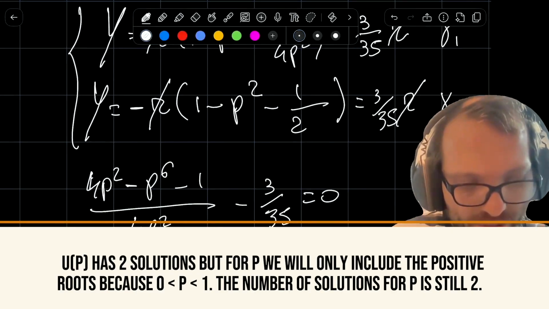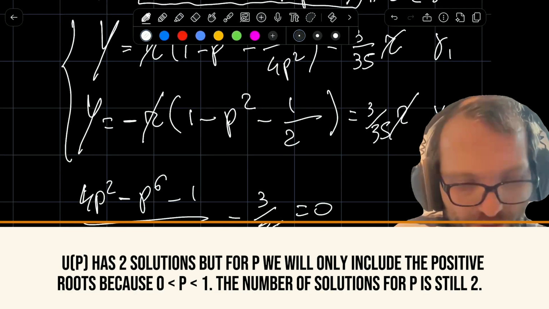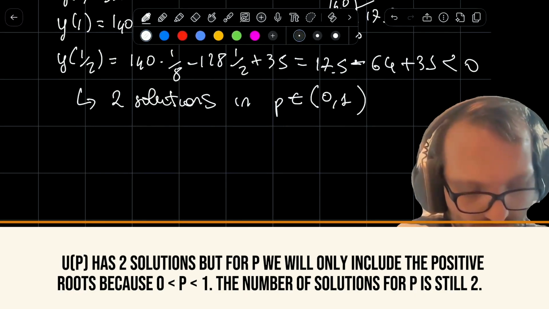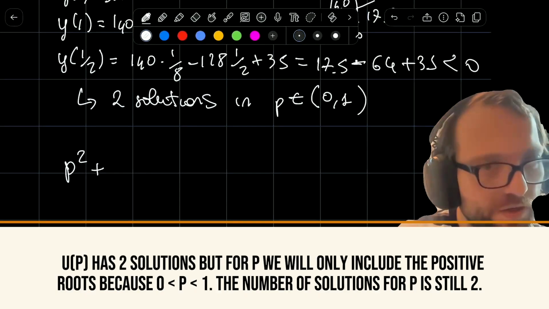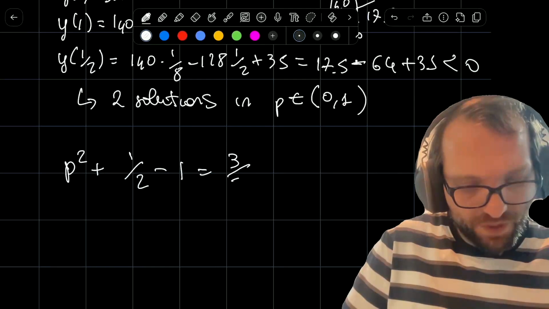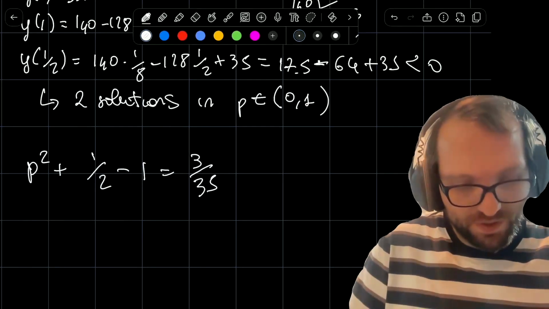And now we can check the second equation for gamma 2, which is much simpler. This equation is simply p squared plus 1/2 minus 1 equal 3 divided by 35.